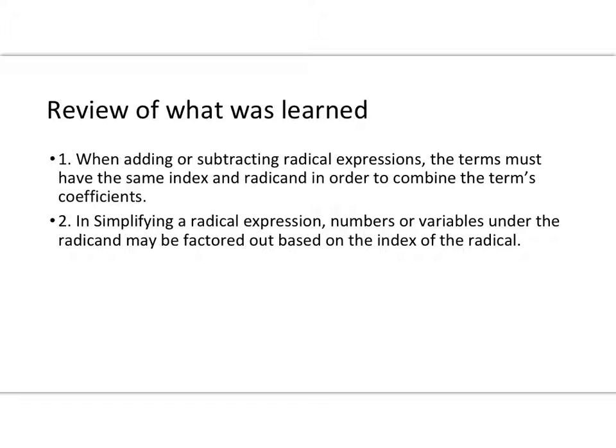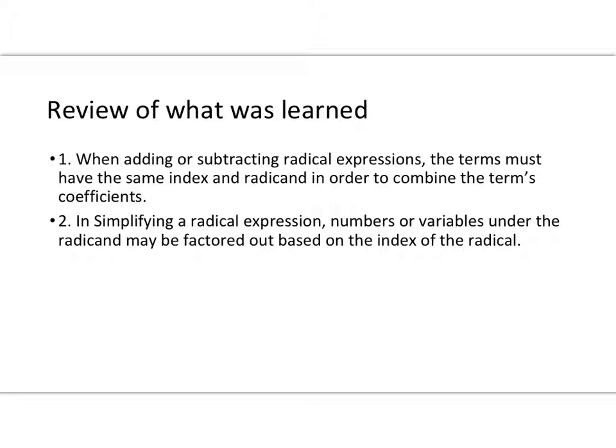So in this section, we learned the following. When adding or subtracting radical expressions, the terms must have the same index and radicand in order to combine the terms' coefficients. The second thing we learned is that in simplifying radical expressions, numbers or variables under the radicand may be factored out based on the index of the radical.